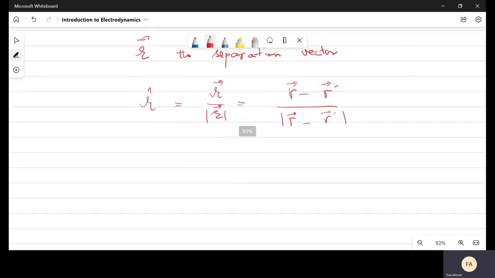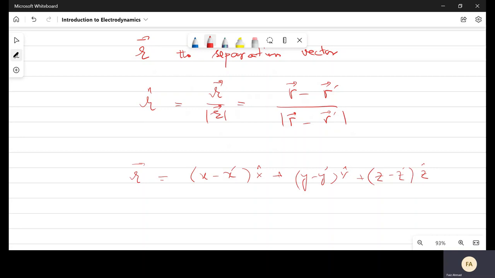In Cartesian coordinates, we can express it as x minus x prime times x unit vector, plus y minus y prime times y unit vector, plus z minus z prime times z unit vector.